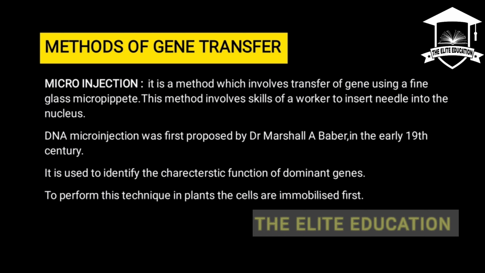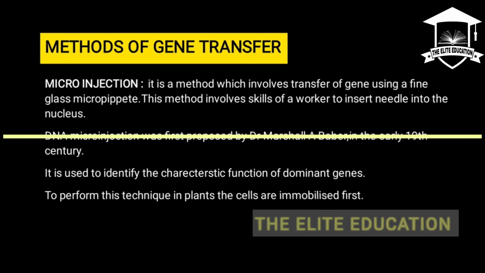If you want to perform the technique of microinjection, not just on plant cells, even on the cells of humans, the somatic cells or any cells, they should be stable and fixed, because you cannot directly inject material into a moving cell, right? So whatever the cell, you should immobilize it first.